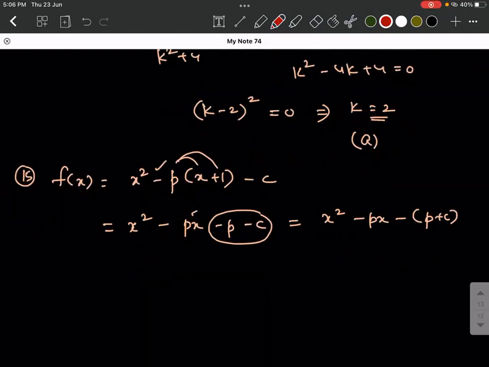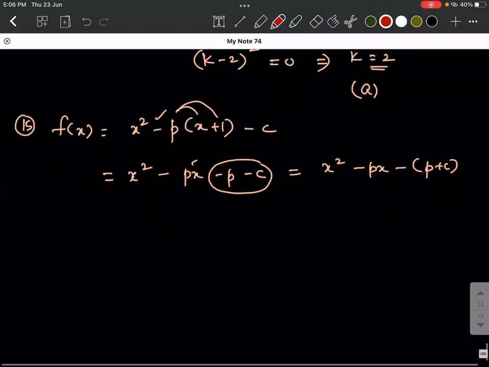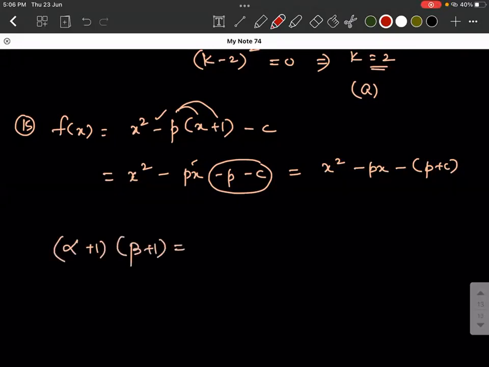Now read the question. Alpha and beta are the zeros of the polynomial such that alpha plus 1 into beta plus 1 is 0. Then what is the value of c? Now you have to find it. So alpha plus 1 into beta plus 1 is 0.